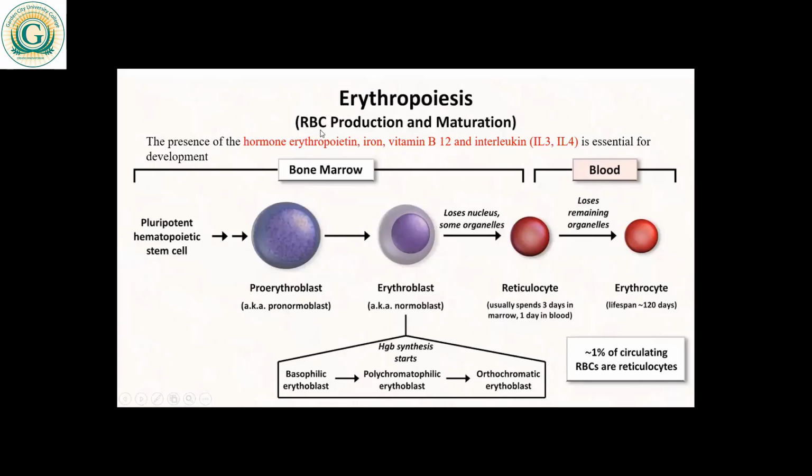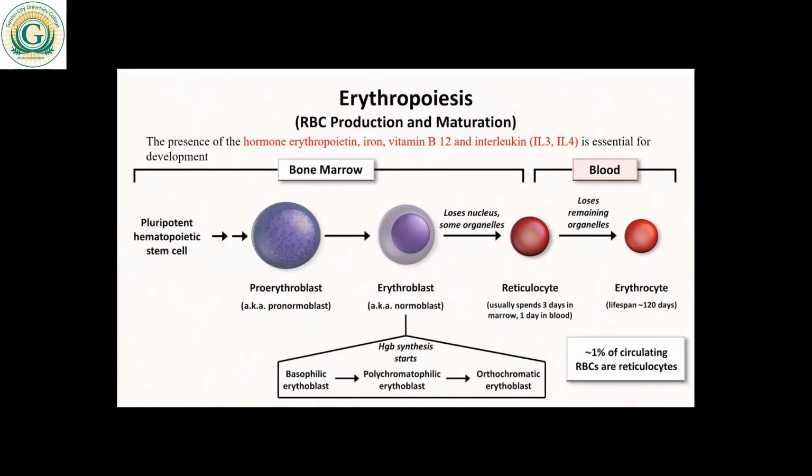So erythropoiesis happens in the presence of erythropoietin, which is produced from the kidney. We have, in the presence of iron, vitamin B12, interleukin 3 and 4, and others that help in the development and maturation of red blood cells.